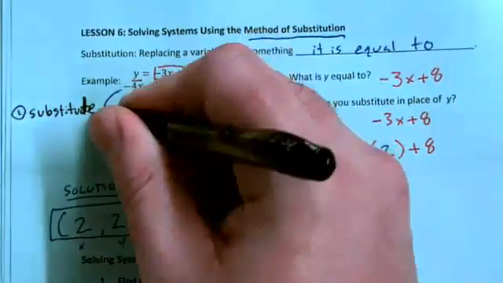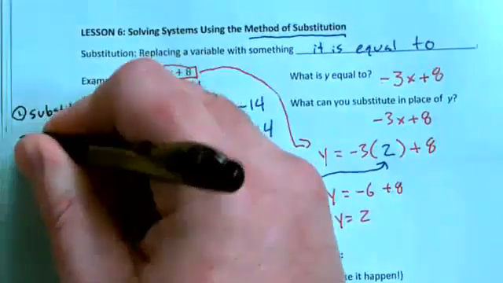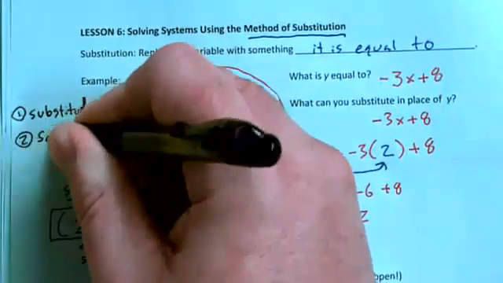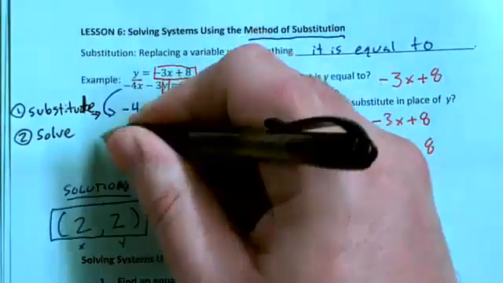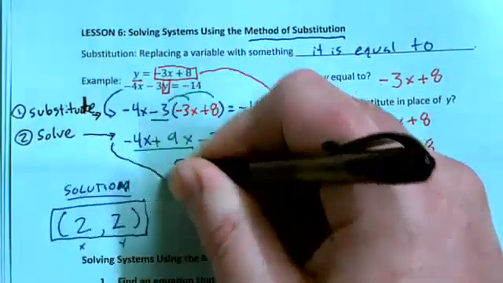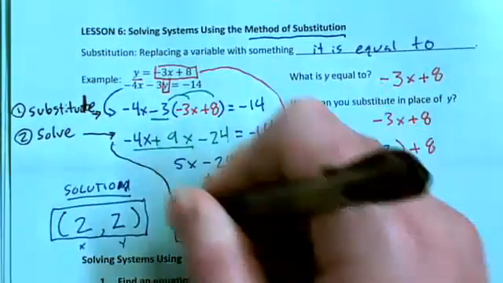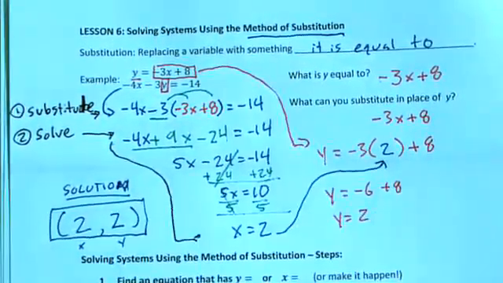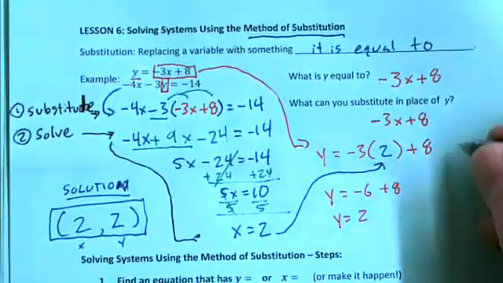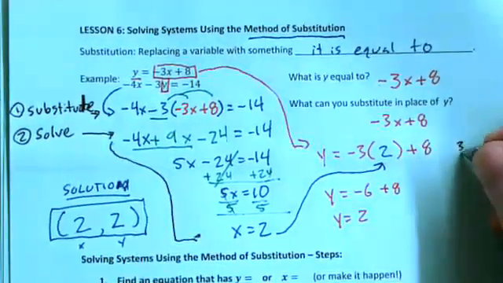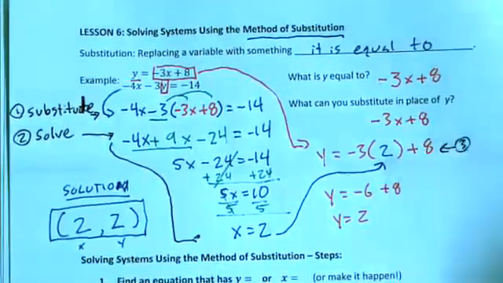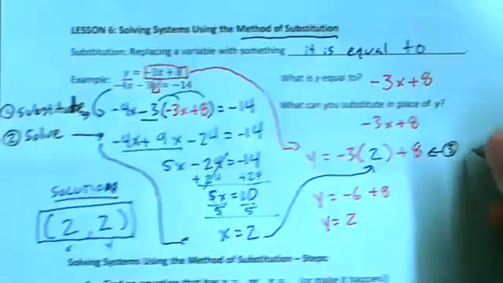So that was our first step right there. Our second step was the long one. We had to solve. And that was from here all the way down to here. And then our third step here was we went back to our original equations and we substituted again.